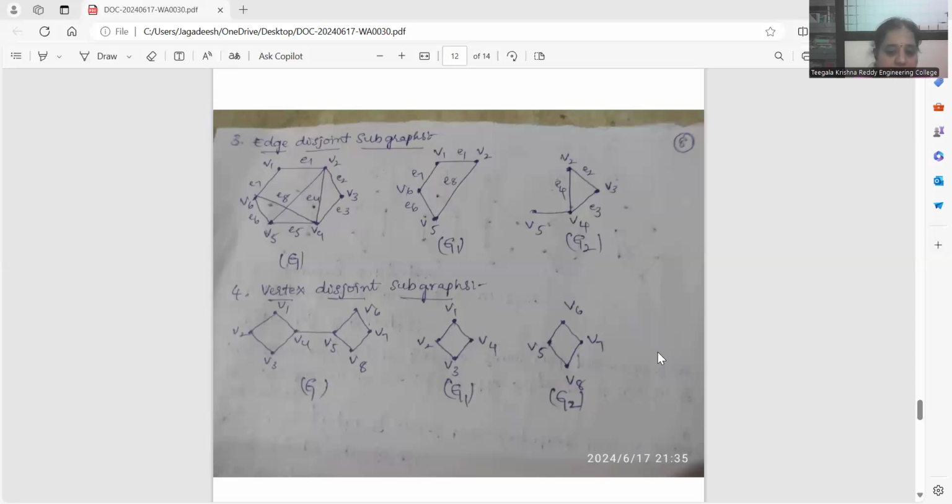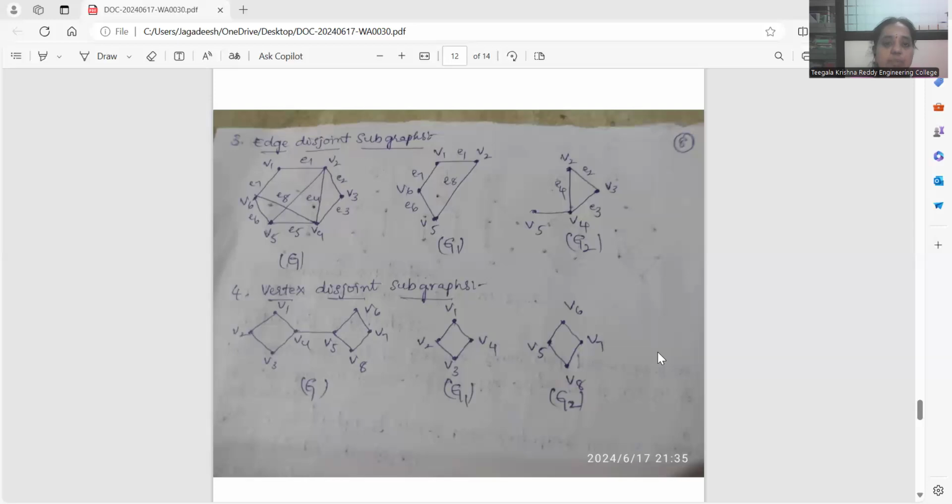Next, the point is vertex disjoint subgraphs. Again, a vertex should not be common between the two subgraphs. Now we have taken the graph G, and I have removed the edge between V4 and V5. Is there any common vertex between G1 and G2? No. So these two are called vertex disjoint subgraphs of the given graph.